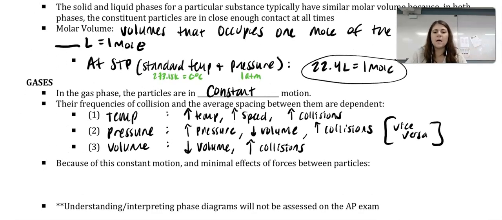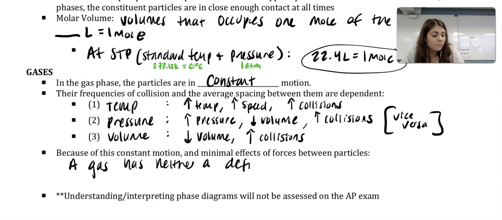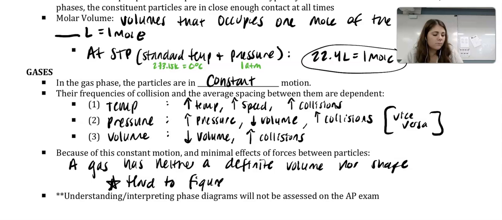Now, because of this constant motion and minimal effects of forces between particles, a gas has neither a definite volume nor shape. The reason we say this is it's very hard to figure out the true volume of a gas.